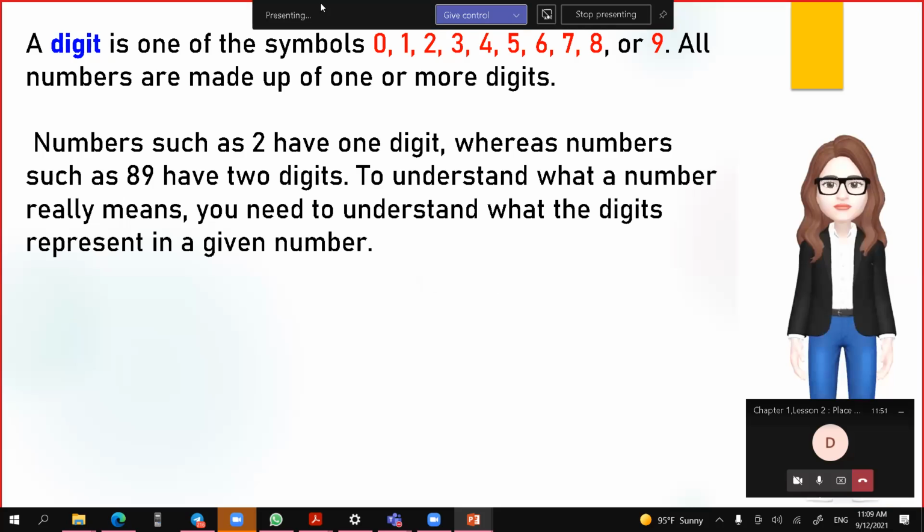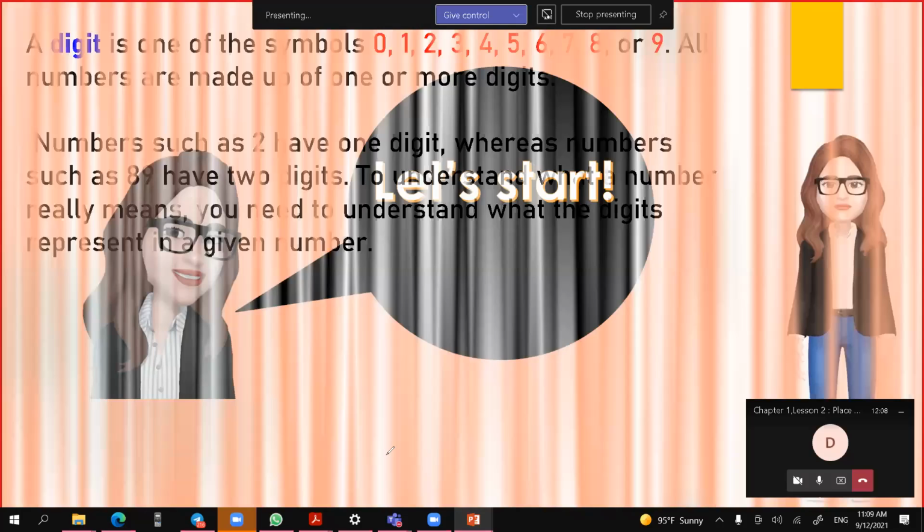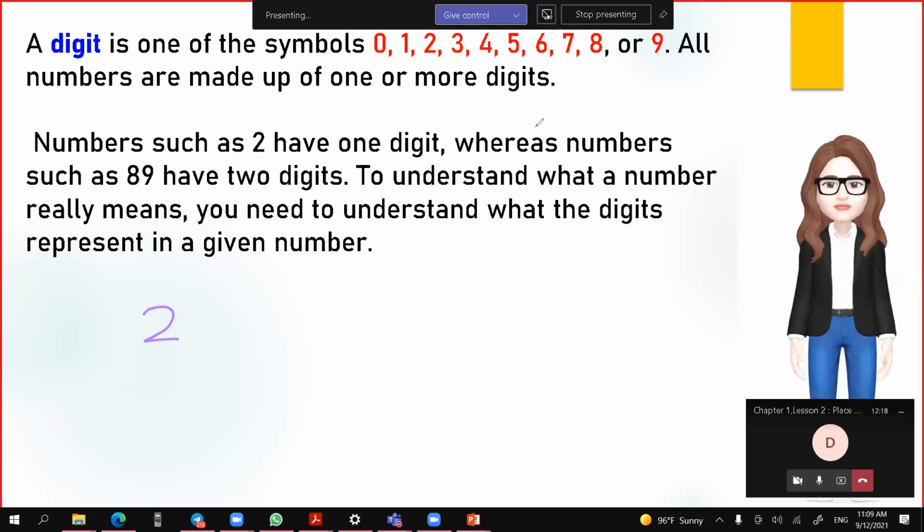A digit is one of the symbols 0, 1, 2, 3, 4, 5, 6, 7, 8, and 9. Sometimes we have the number 2. This is a digit.